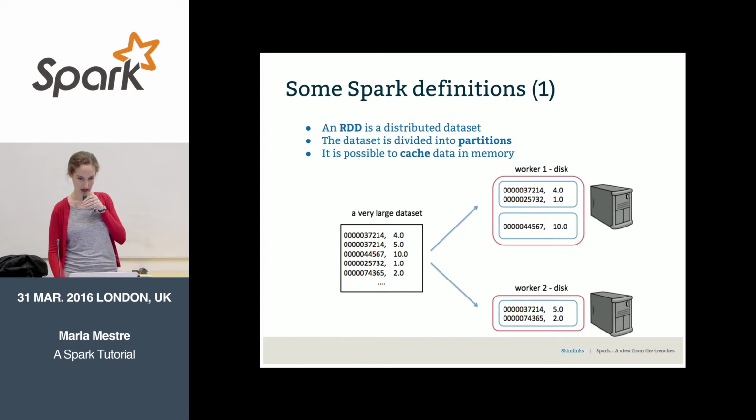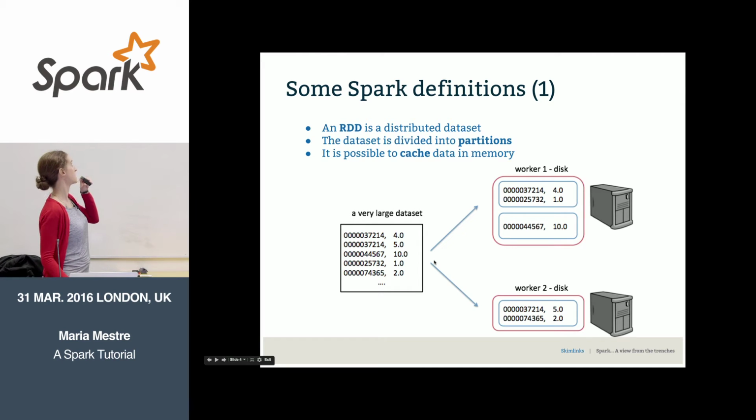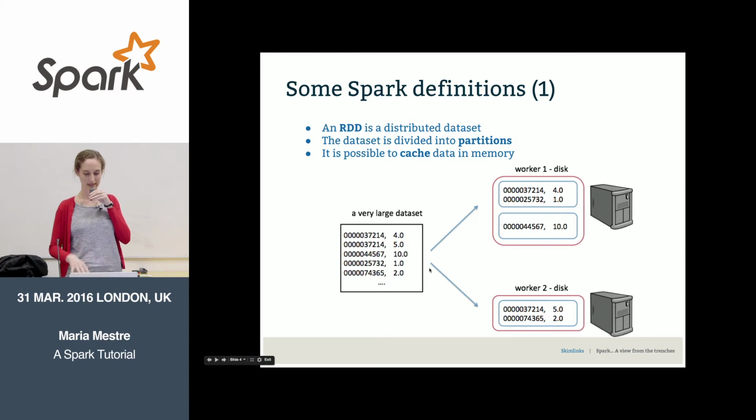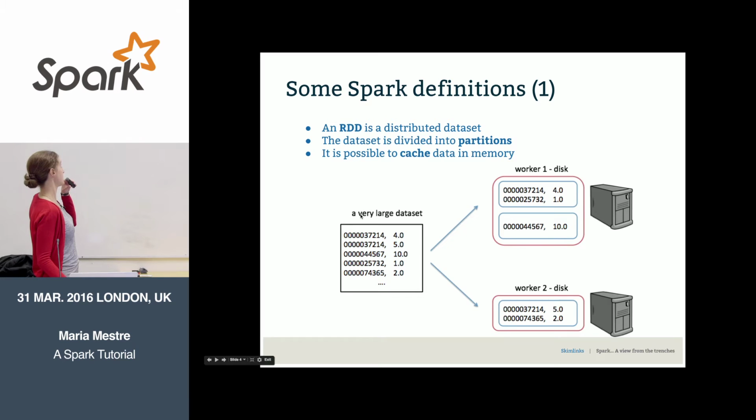Great. So first of all, some Spark definitions. It's very, very quick, and I hope if you're here, you've already read about Spark or even used it. In Spark, we use a thing called RDDs, Resilient Distributed Data Sets. It's the way that Spark distributes the data across a cluster. I made a very quick diagram this morning, but basically, let's imagine that we have a very large data set. It could be a file, or it could be multiple files.